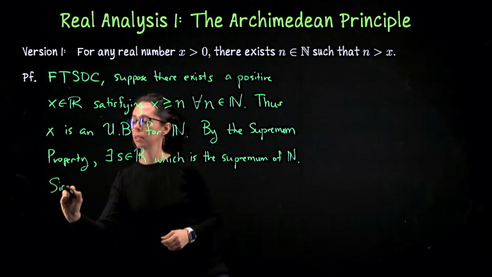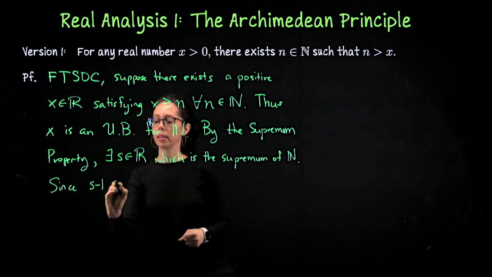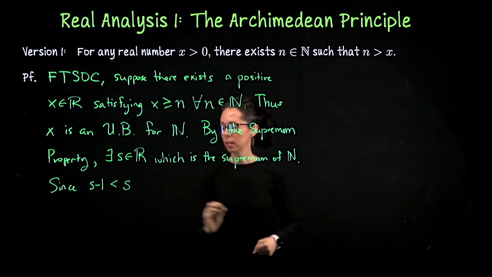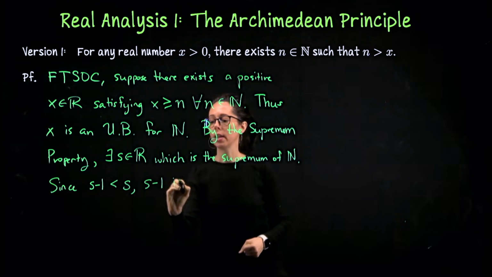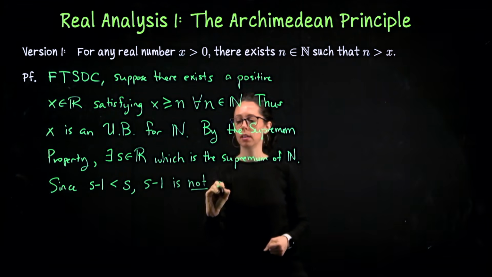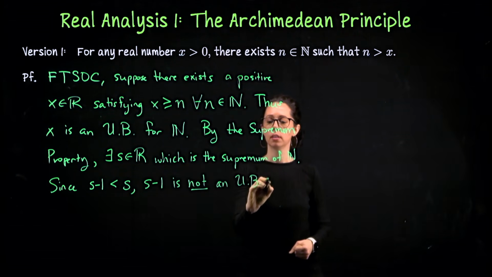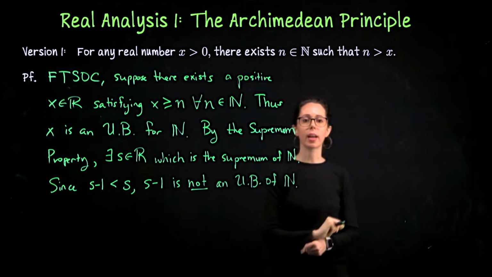Since S minus 1 is less than S, S minus 1 is not an upper bound of N, the set of natural numbers.